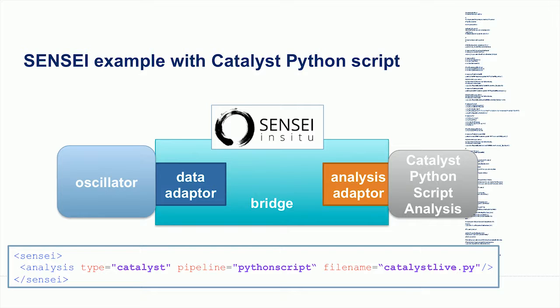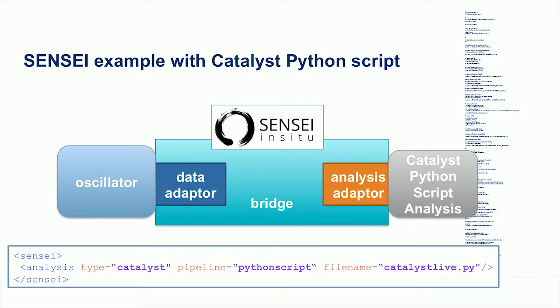This is the type of XML that we use to configure Catalyst and SENSEI. We've got this element, we say type Catalyst, pipeline equals Python script, and the file name. That's the XML. The Catalyst Python script on the far right does all the configuration of Catalyst.